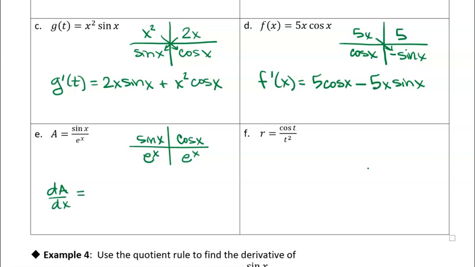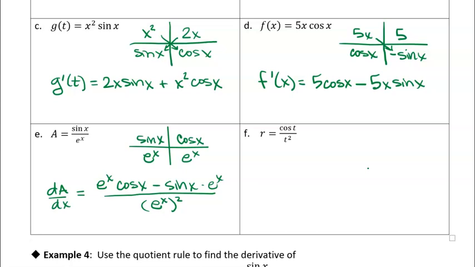So I always think low d high minus high d low, all over low squared. So that's e to the x squared. Now e to the x squared is e to the 2x, right? Because when I take a power to a power, I multiply the power. So I could have written e to the 2x, but this is fine. Okay. All right.